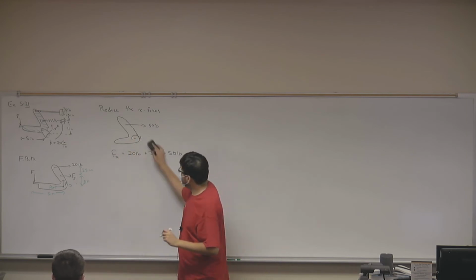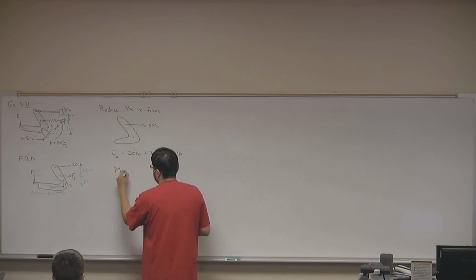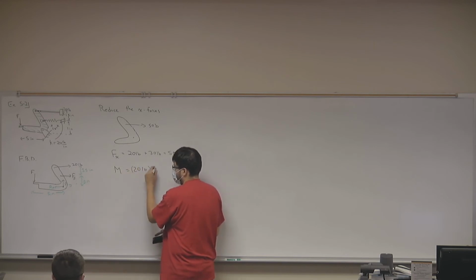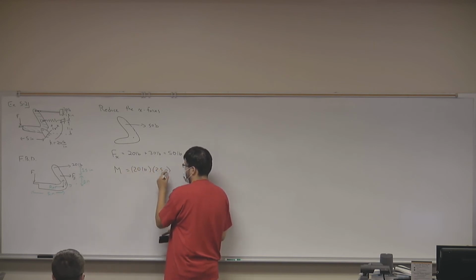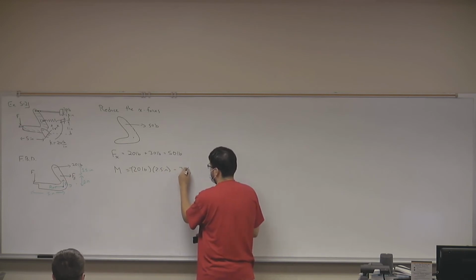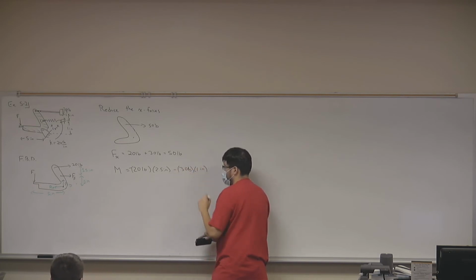combined. So I look at my two forces, and I say that my moment about the hinge is 20 pounds times 2.5 inches, negative, minus 30 pounds times 1 inch, right?